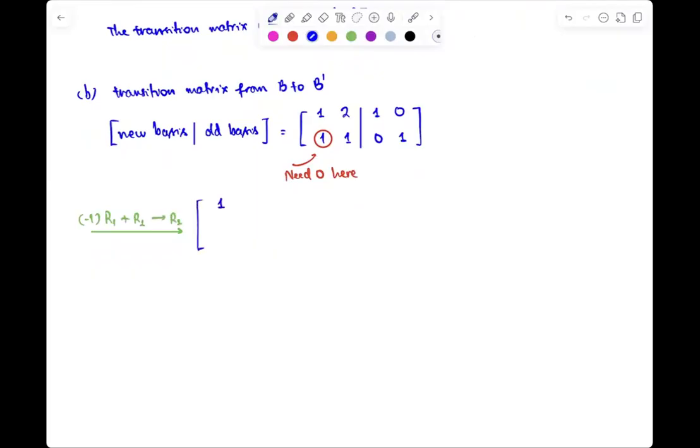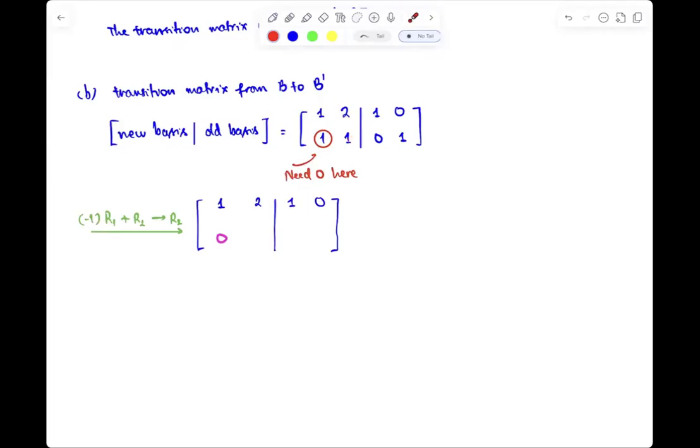All right, so row 1 remains the same. Row 2 is this, right? So -1 times 1 is -1. You add it with 1, you get 0. Now -1 times 2, you get -2.